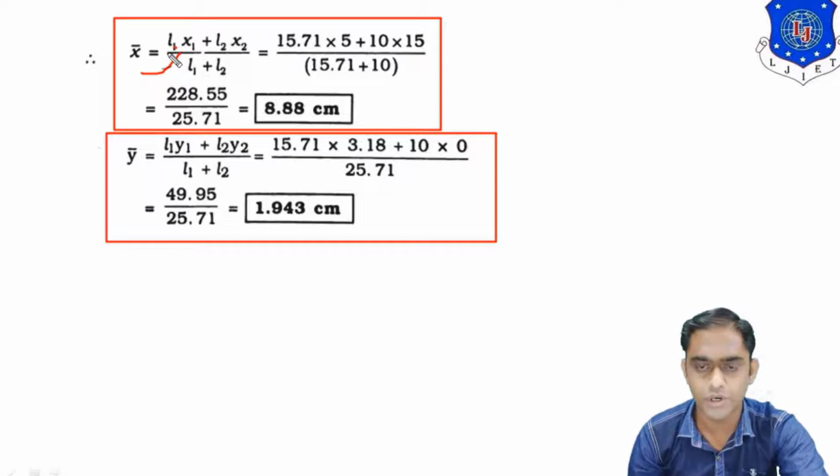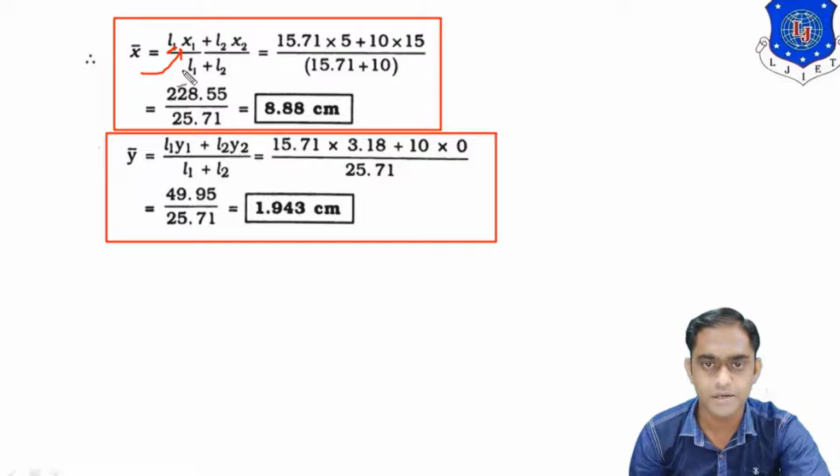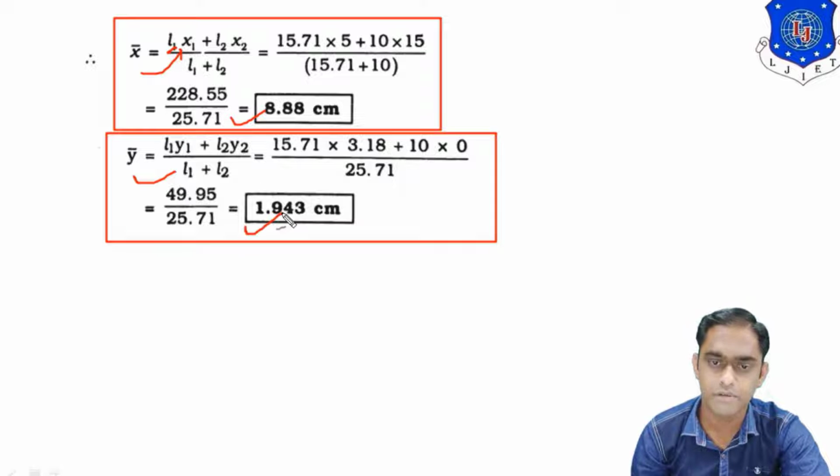X bar is equal to L1x1 plus L2x2 upon L1 plus L2. All the values are readily available in the calculations. So by replacing the values, you will get 8.88 centimeter. Similarly, in the case of y bar, L1y1 plus L2y2 upon L1 plus L2. Replacing all the values, you will get the answer of y bar.